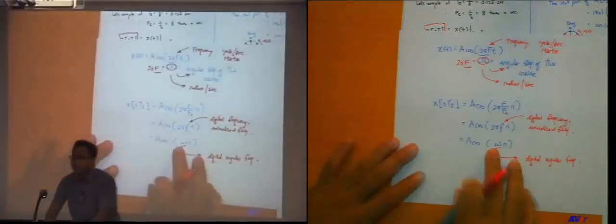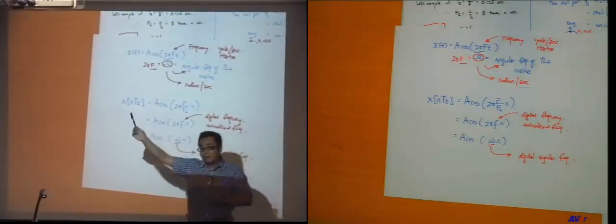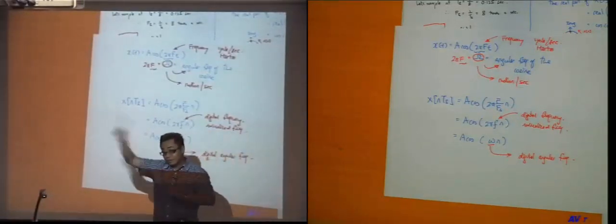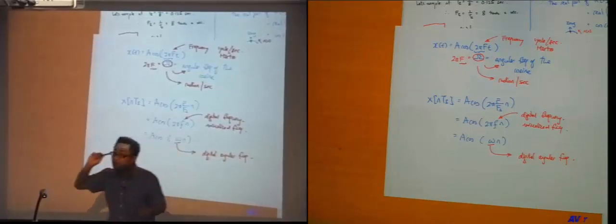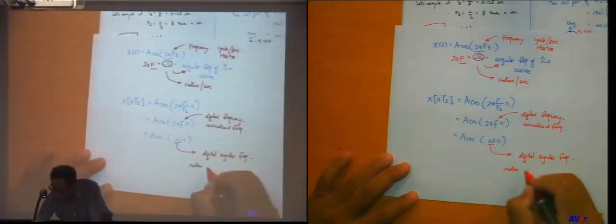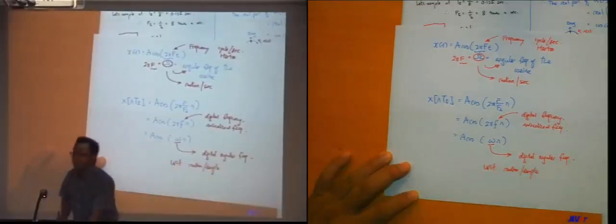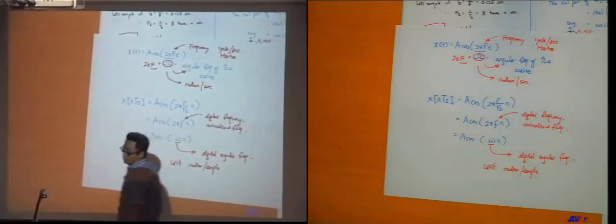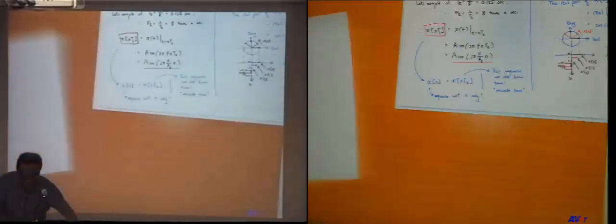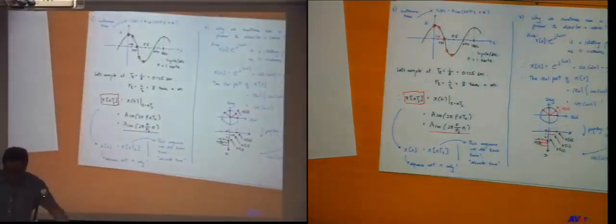What about small omega? I'm going to make some radians per sample. That's the unit. Okay? I'm going to post whatever I've written up here, and then you can copy it, or you can read it along the way.